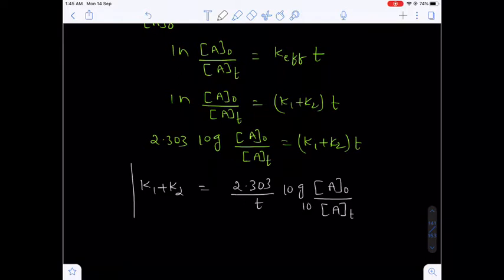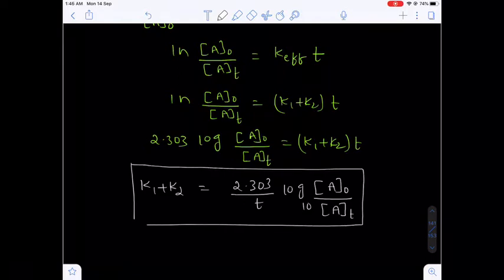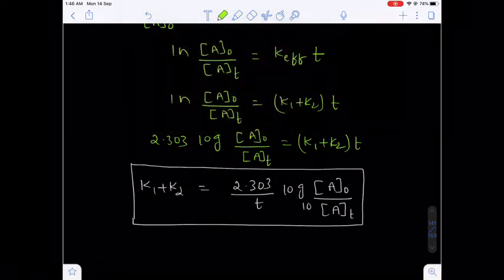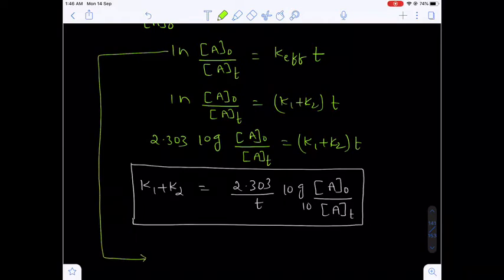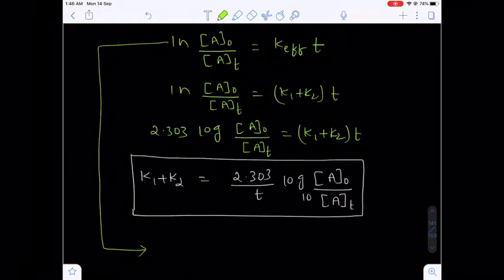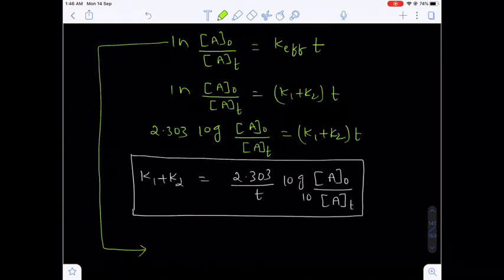So this will be the overall first order parallel reaction rate constant expression. Are you getting my point? Now from the natural logarithm form, we can calculate the concentration of reactant after a certain time interval t.